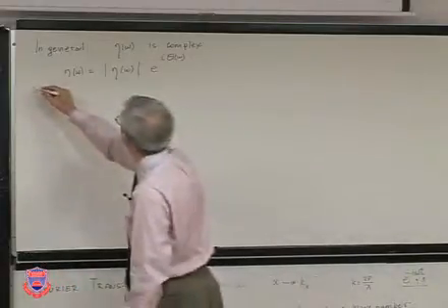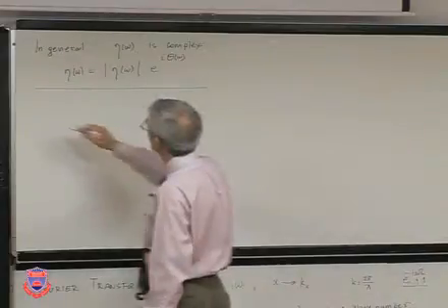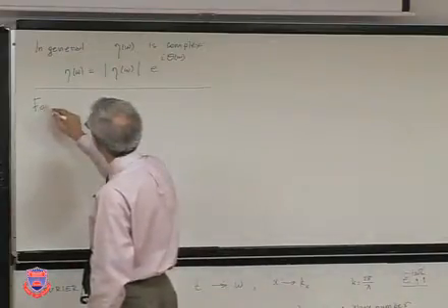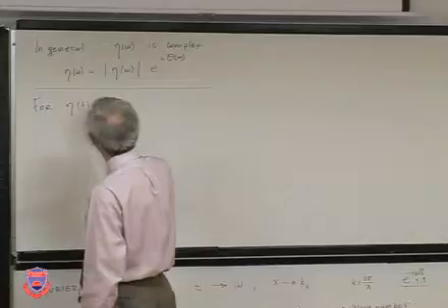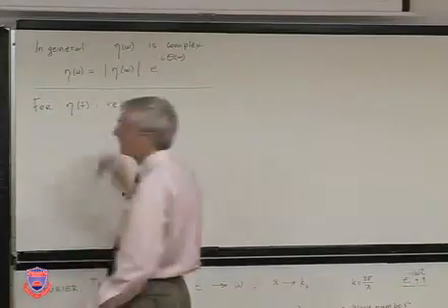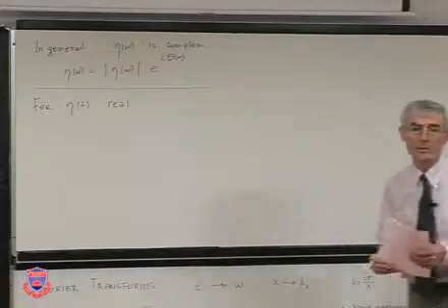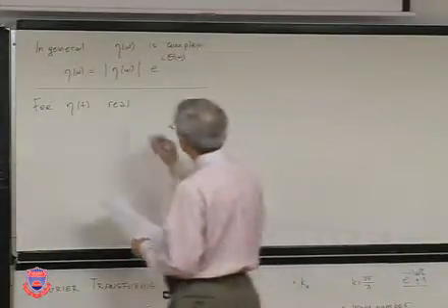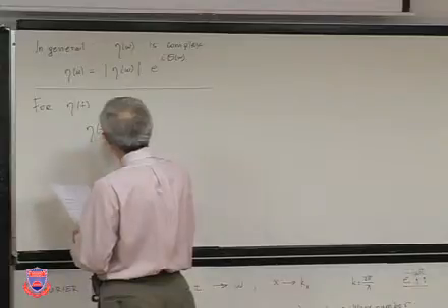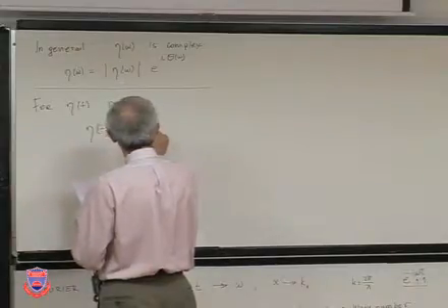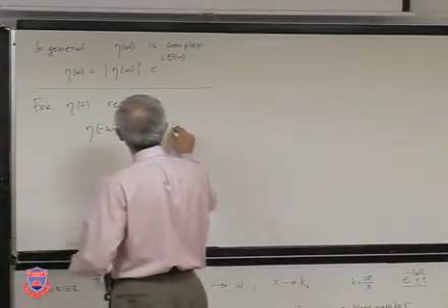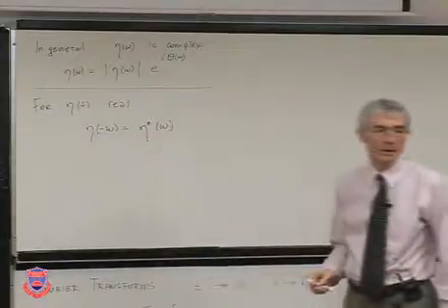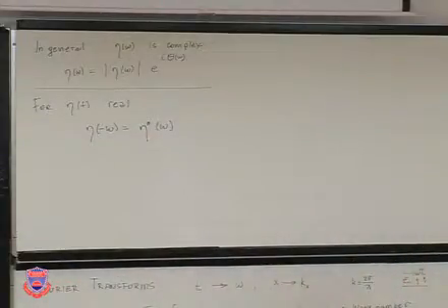Okay? And when the function itself is real, then the transform has the property that when you change the sign of the frequency, it's equal to its own conjugate. Okay?